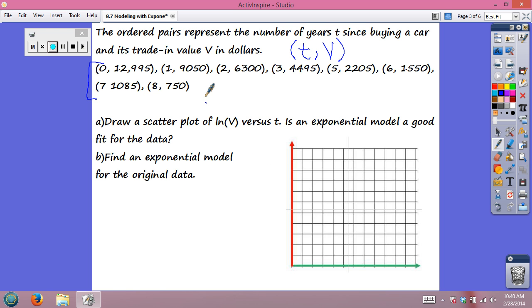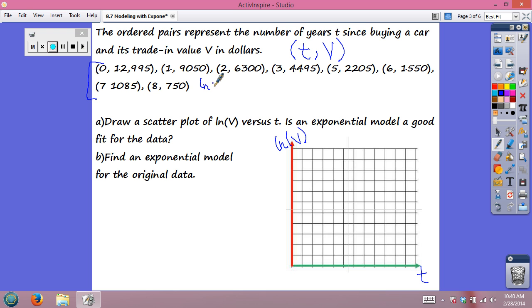And so what we're going to have to do here, first I'm going to label my graph, the ln of v on my y-axis and t on my x-axis. We are only given the v values, so we're going to have to do a little bit of computation before we can start plotting our points.